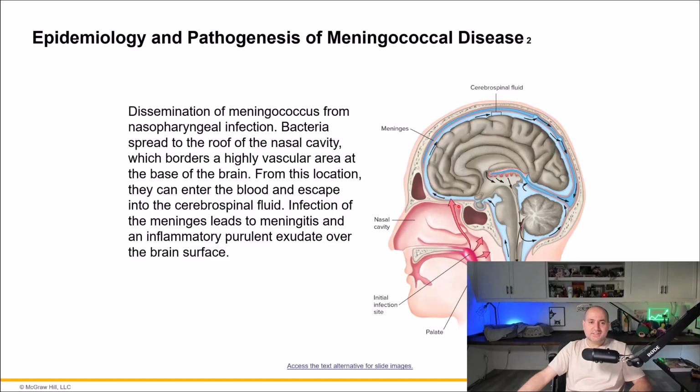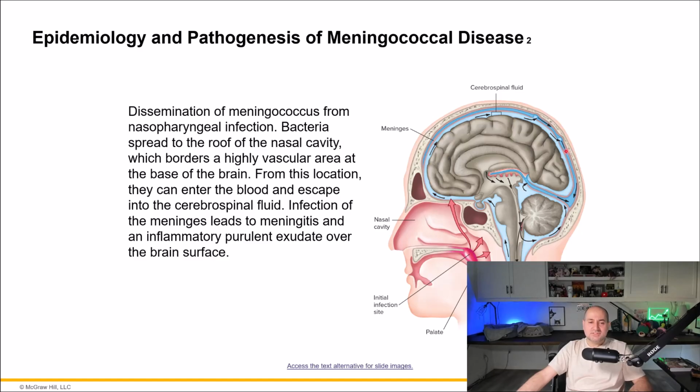From this location, they can enter the blood and escape into the cerebrospinal fluid, right here. This is the cerebrospinal fluid. And then cause infection in the meninges, leading to meningitis, inflammation of the meninges.